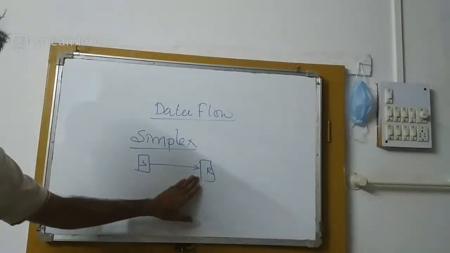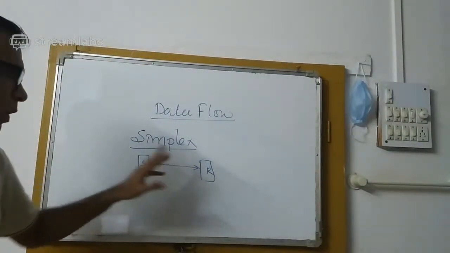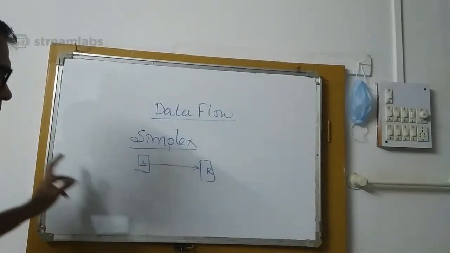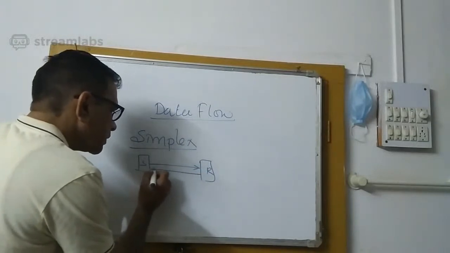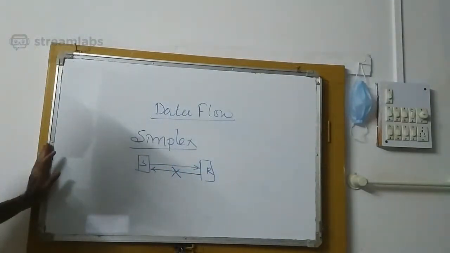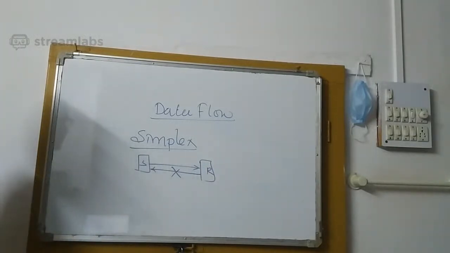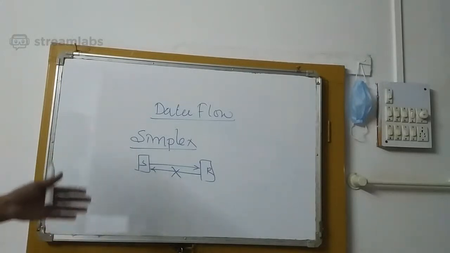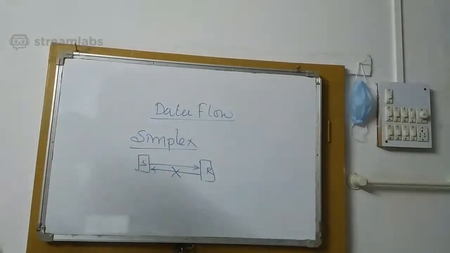The job of this is all the time to receive, and the job of this is to send the data. There is no opposite direction data flow. Only in one direction is data allowed to flow. This category of applications, where data flows from only one side, we call the simplex mode of communication.